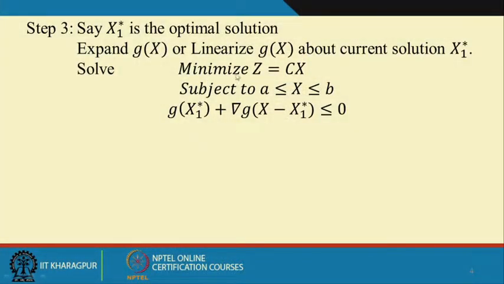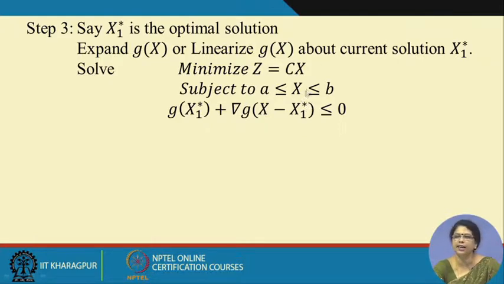Then all the constraints will be converted to linear constraints, but the objective function is linear, z equals c x. That is why we can solve minimization of z equals c x subject to x within a to b.